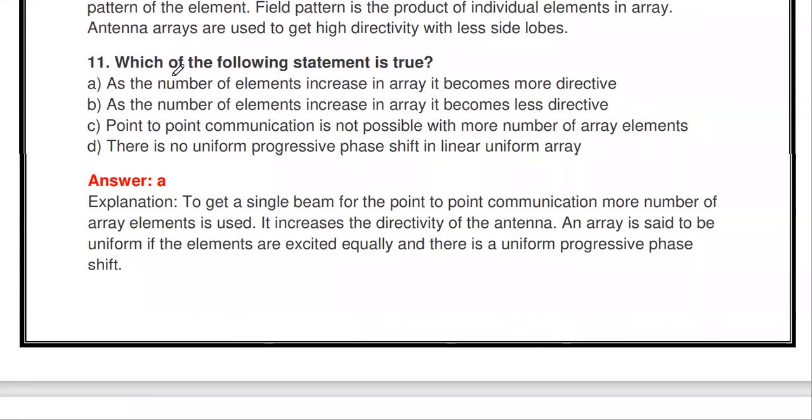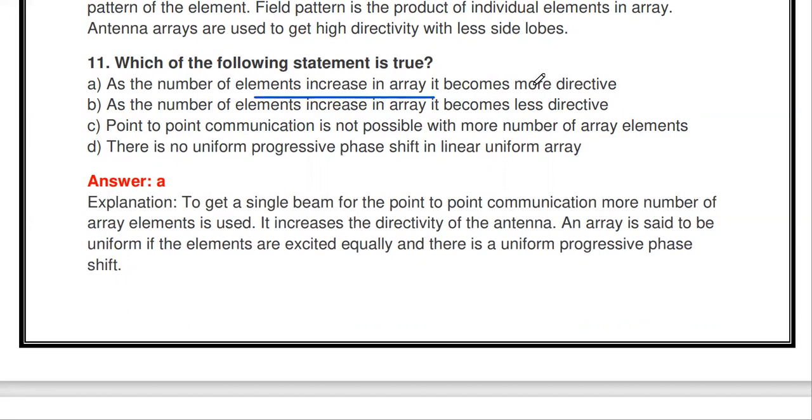Then the next one, which of the following statements is true? As the number of elements increases in an array, it becomes more directive. As the number of elements increases in an array, it becomes less directive. Point-to-point communication is not possible with more array elements.